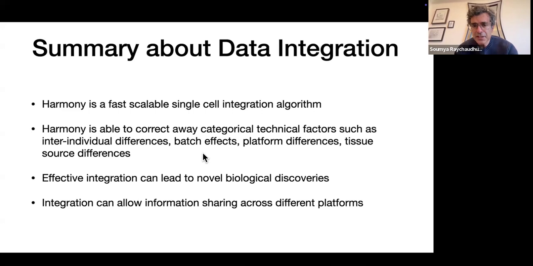This effective integration allows us to annotate cells. It's essential for novel biological discoveries, and it allows us to cross-compare individuals to each other. So for all the analyses I'm going to show you, we've always used Harmony first and then built other analyses on top of it.